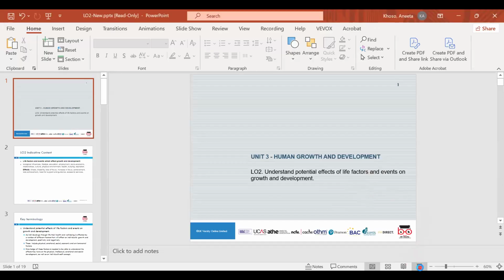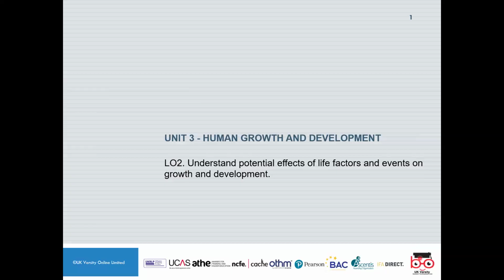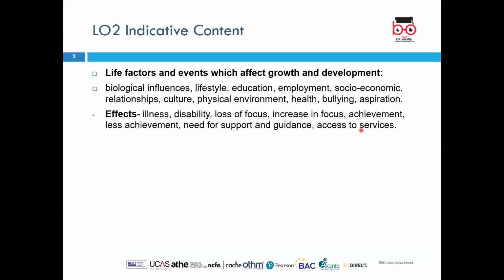So let's say an earthquake happens or a tsunami happens. That can literally disrupt all your life, the way you were growing, the way you were developing. Or let's say about war. More currently, there's war. So it changes all the way you were growing and developing. Okay. So we'll talk about all these factors such as illness, disability, loss of focus.